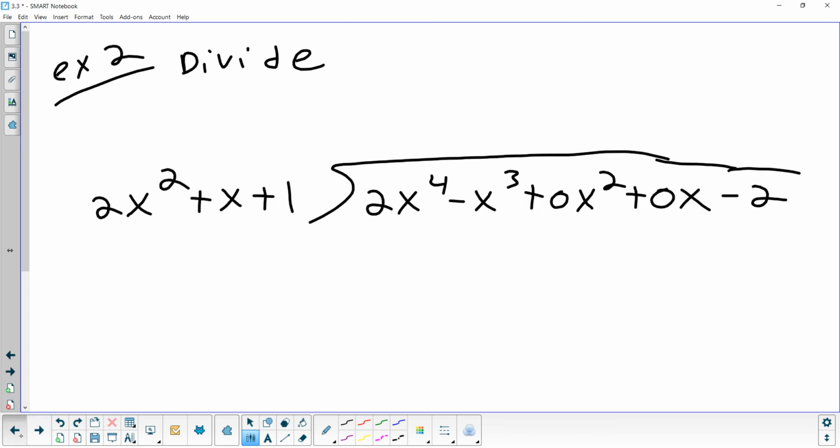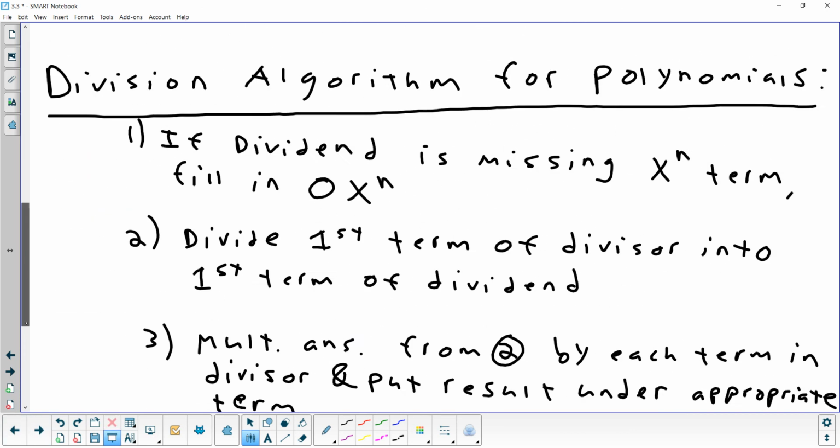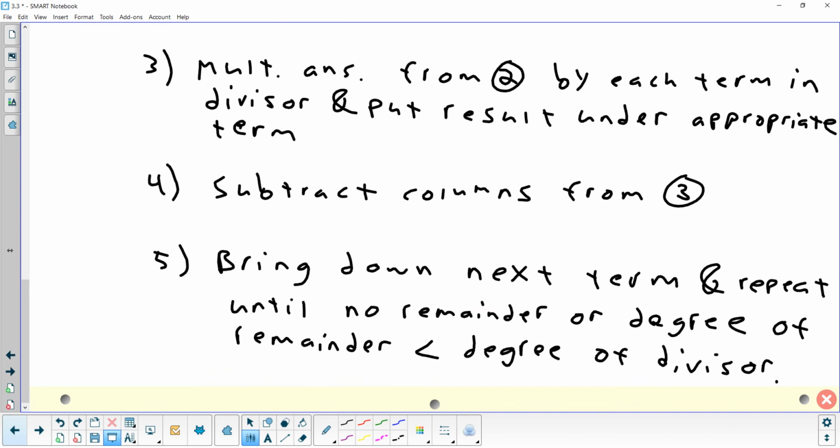Or you end up with a remainder of 0. One of those two things will always happen. So you either get no remainder, or the degree of the remainder is less than the degree of the divisor. And I shouldn't say it's a number on the outside. It's usually a term. It has a variable in it, so it's not just a number.